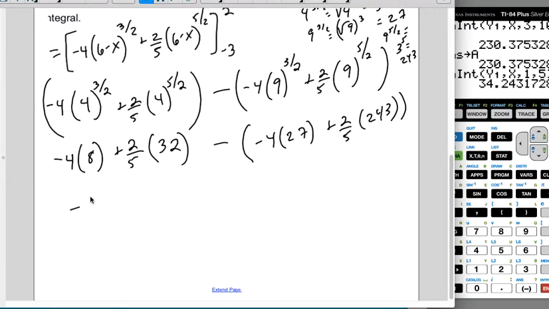So I get a -32 plus 64/5 minus, I don't really feel like doing that, but cool. So that'll be minus a negative, so that'll be plus, it's an 80 and 28, so it's a 108. And then this will end up being a minus 486 over 5. And again, this is much meaner than you would likely see in most situations.